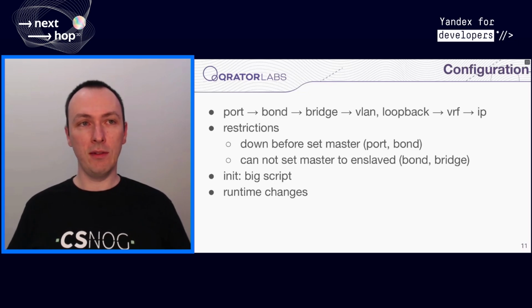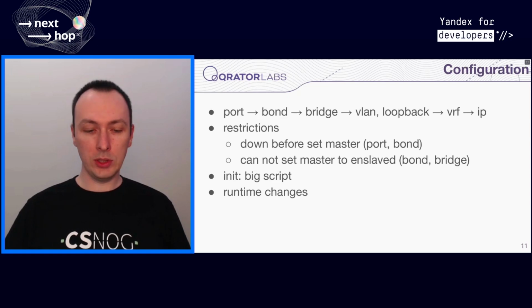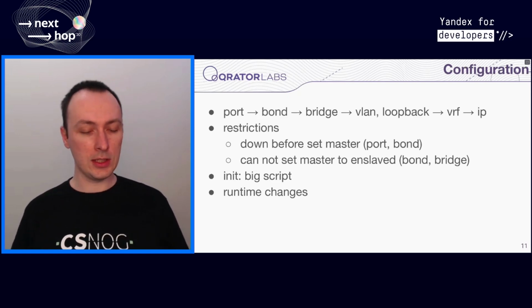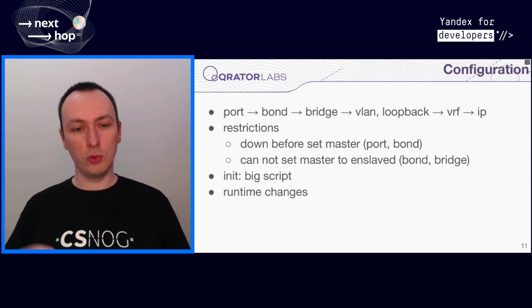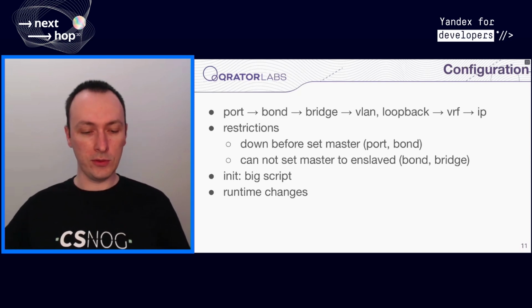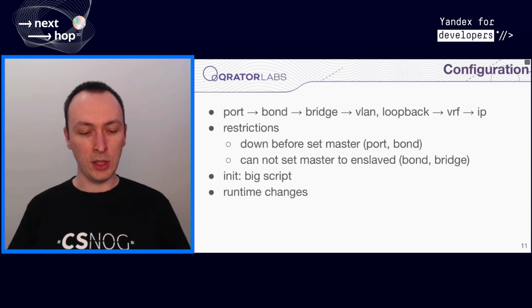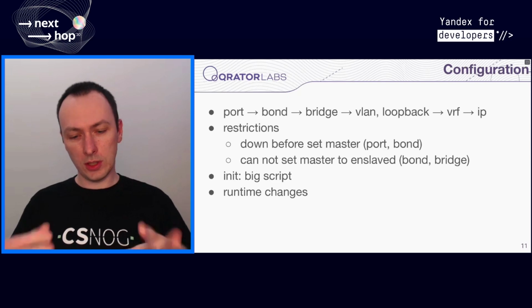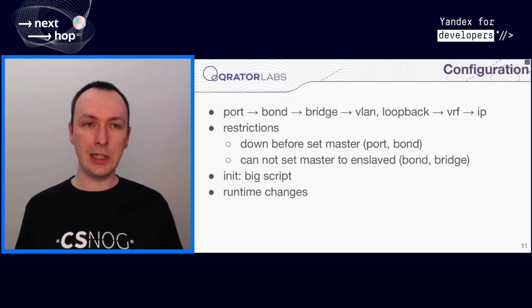In general, when you are configuring your switch, you have to set the ports, then you set the bond, then bridges, then VLAN, loopback, addresses, and the routes. Usually it's been driven by the very structure of the interfaces, where there might be more restrictions. That's a very boring piece of labor.